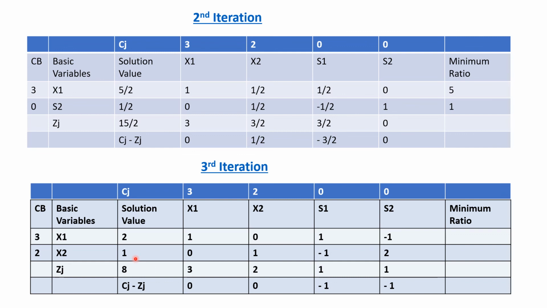But we were not happy with that also, since one of the elements in the Cj minus Zj was positive rather. And finally, we got a value of Z equals 8 and Cj minus Zj all are non-positive, indicating that the optimal solution is reached. So x1 equals 2, x2 equals 1 and the value of Z is 8.